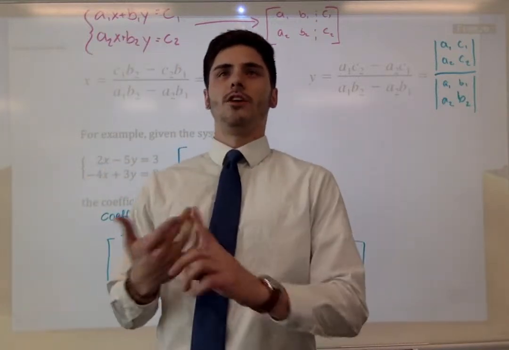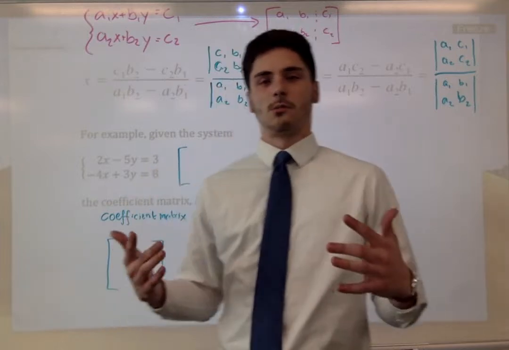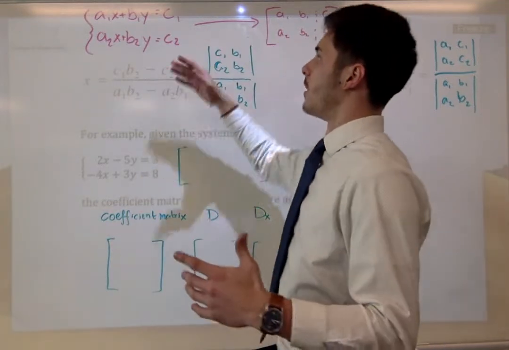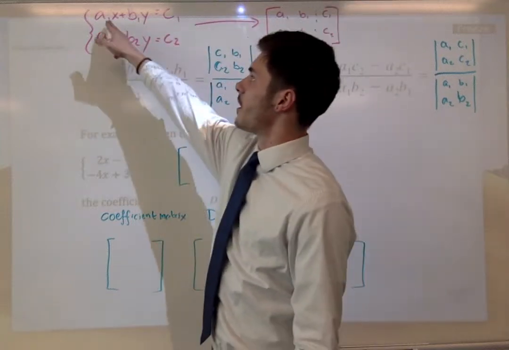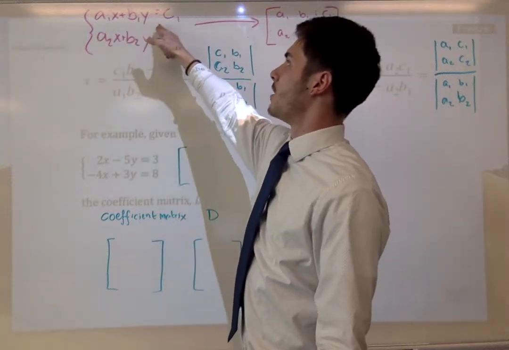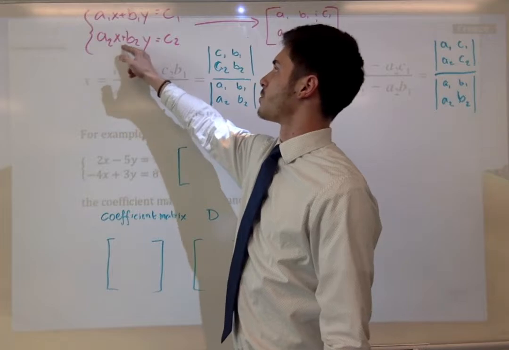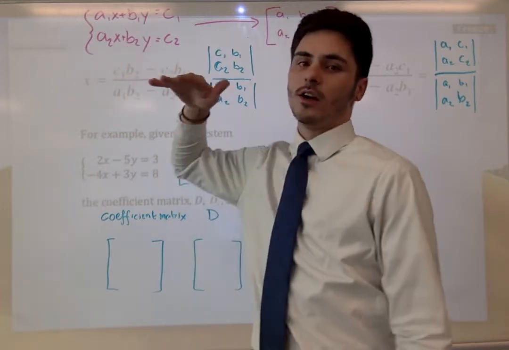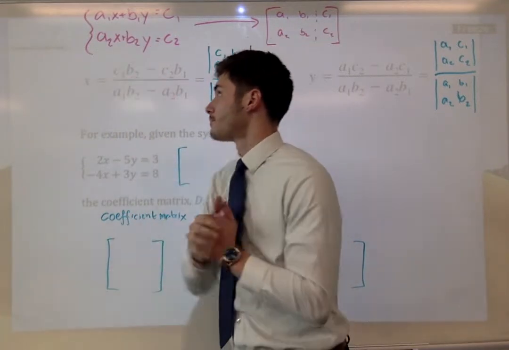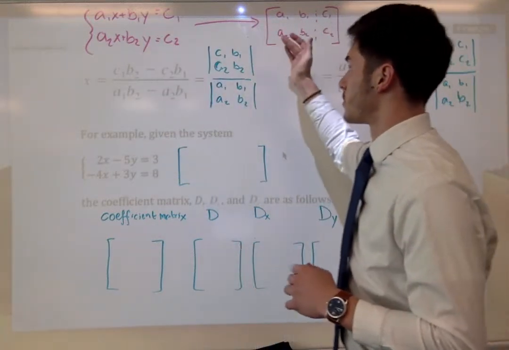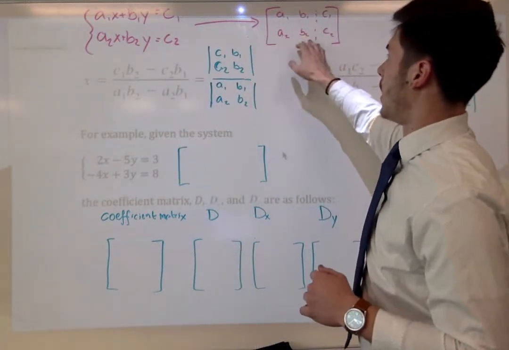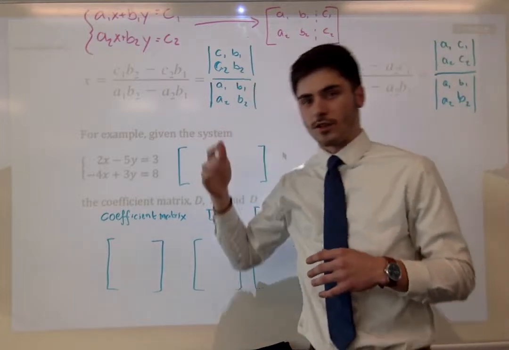And let's remember with matrices that matrices represent systems of equations. So up here, forgive me for the light glare right here, but this is a1x plus b1y equals c1, and a2x plus b2y equals c2. And this is the normal form for any 2 by 3 system of equations, and this is how that would look as an augmented 2 by 3 matrix.